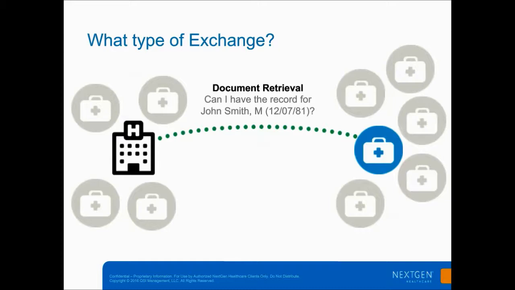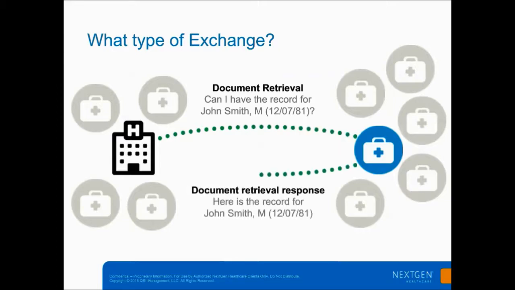The ambulatory EHR has to be able to not only say, yes, here is the record, but then also generate the CCDA and provide it back to the hospital. So document retrieval and document response is a key requirement.